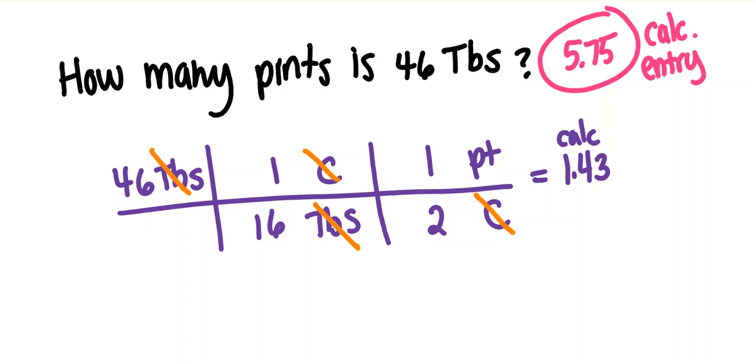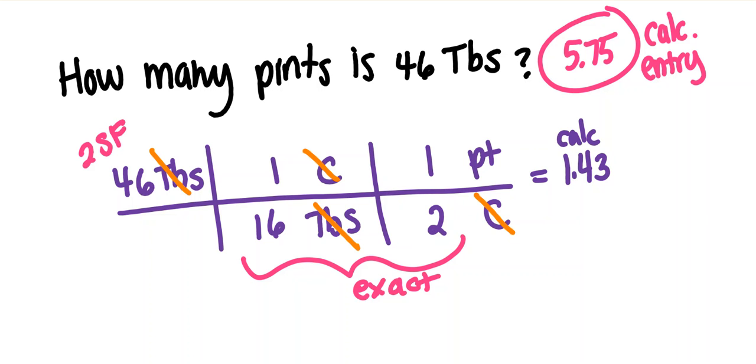On significant figures, these are exact numbers because they're defined that way. This first given number has 2 sig figs, so I'm going to round my answer to 2 sig figs. And of course, put the units, that's part of what you're graded on, like so.